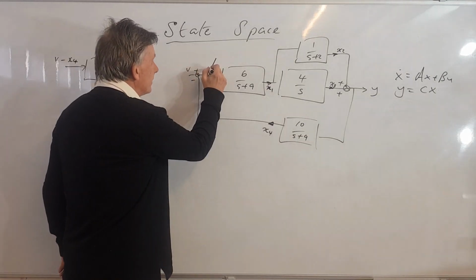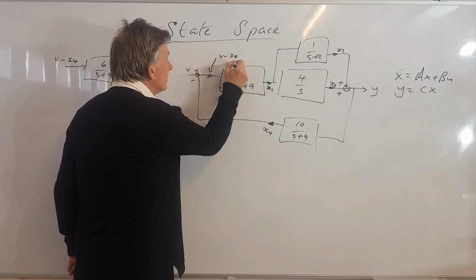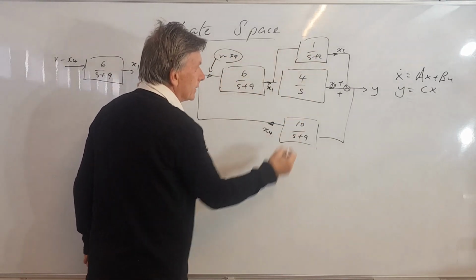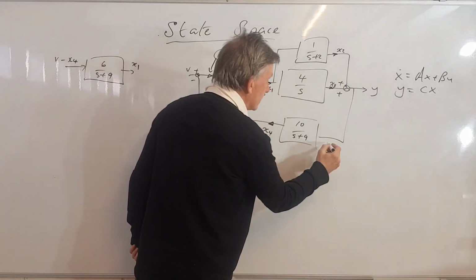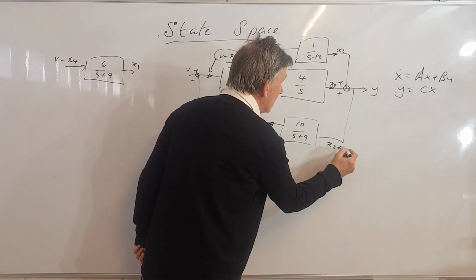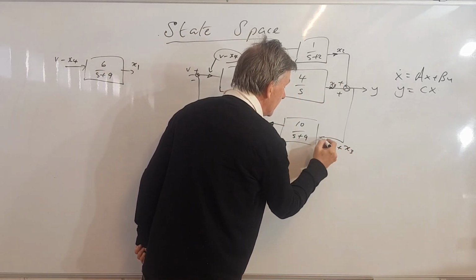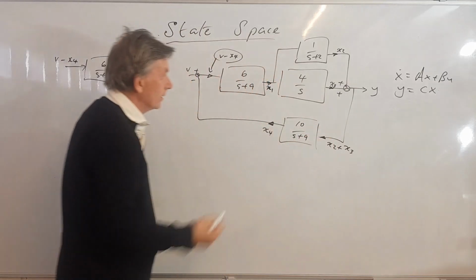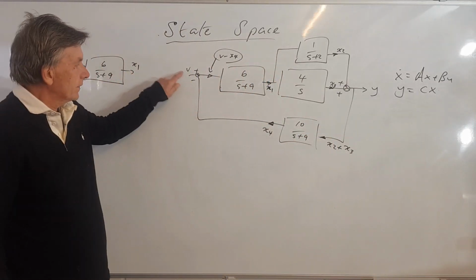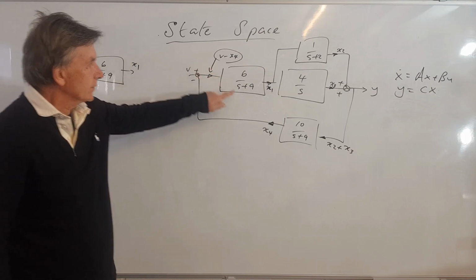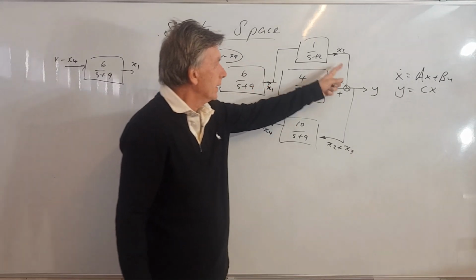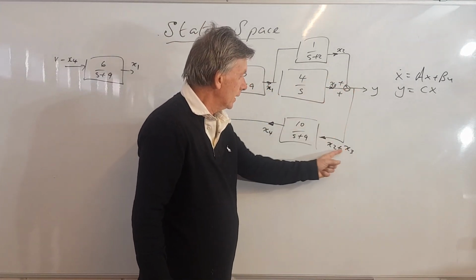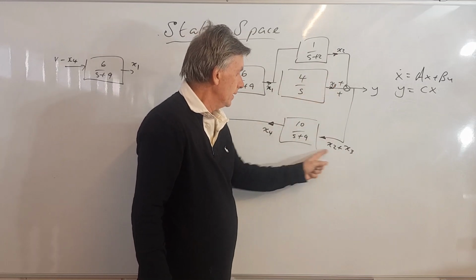We've got x1 going into these, and into this one we've got x2 plus x3 going in. So we can get those off the block diagram. That's V, that's x4, so that's going to be V minus x4. This is clearly x1. These two add together to give you this one, so x2 plus x3 going into this box.